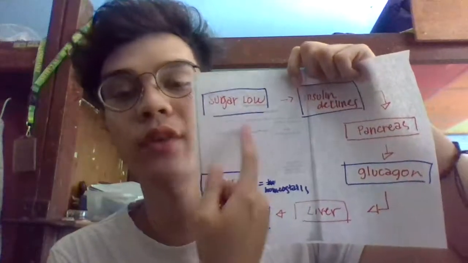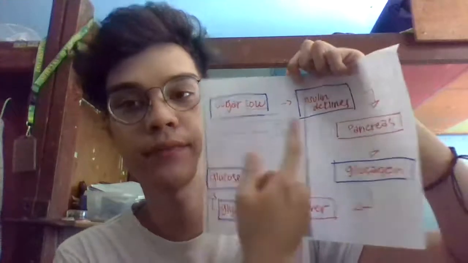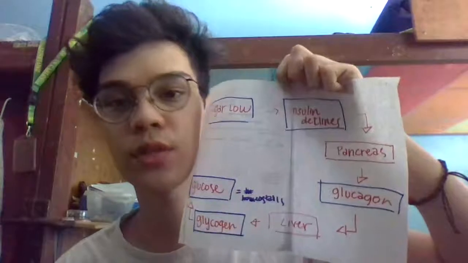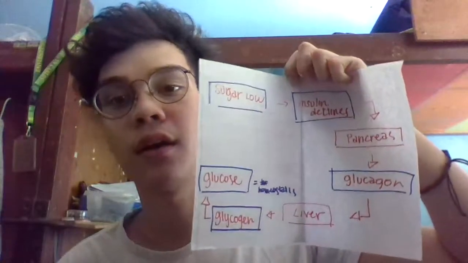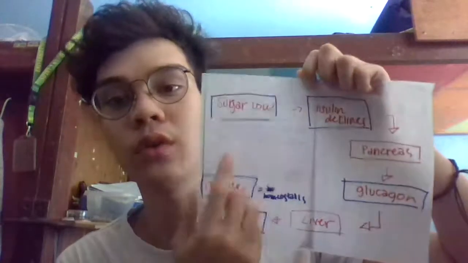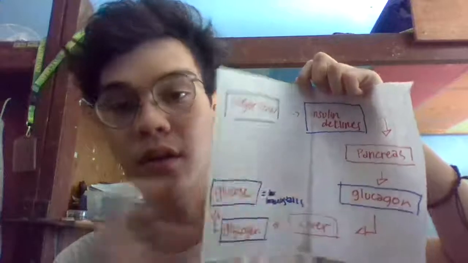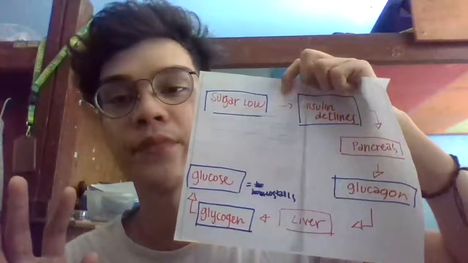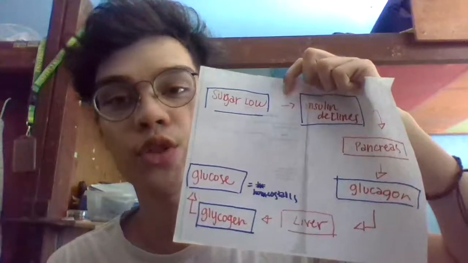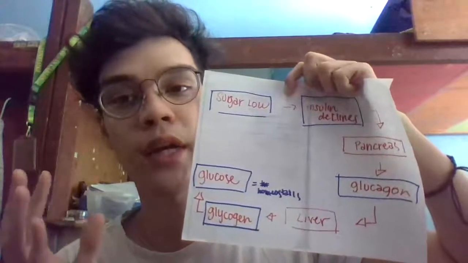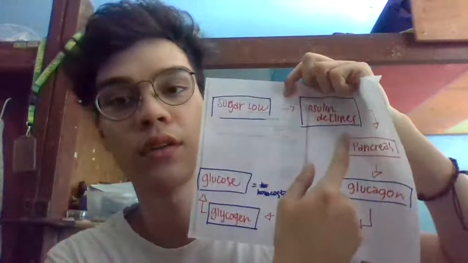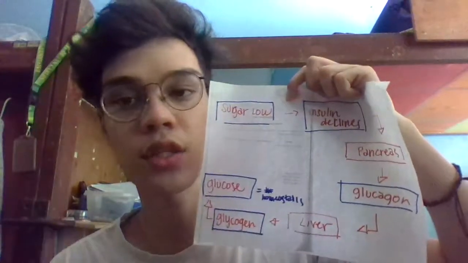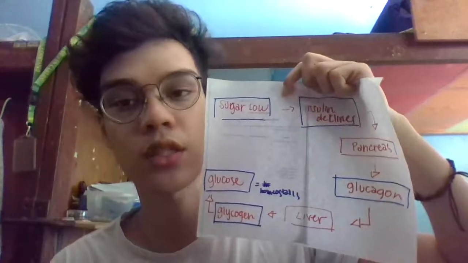So if we have high sugar in the body, insulin is responsible for keeping the sugar low. But if it's too low, of course the pancreas, the pancreas is the organ here, says, no, I'll stop creating insulin. So insulin declines, and then the pancreas, instead of secreting insulin, secretes glucagon.